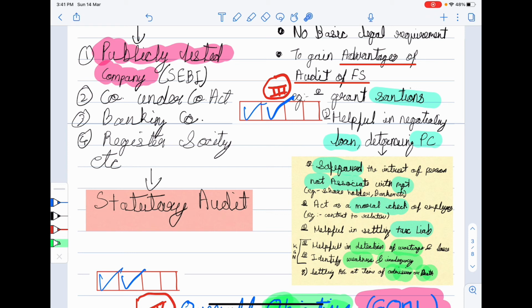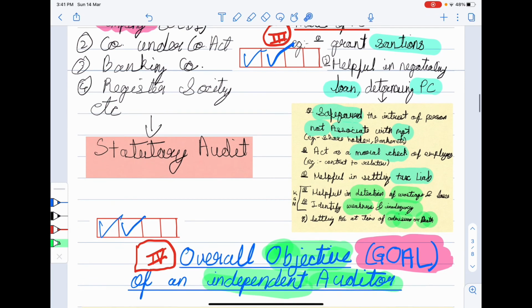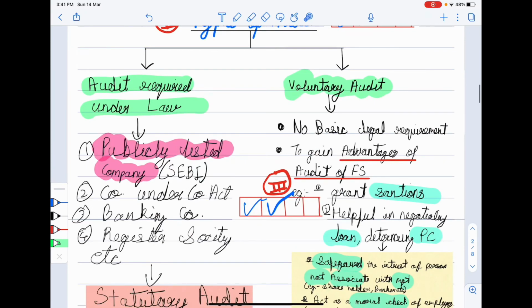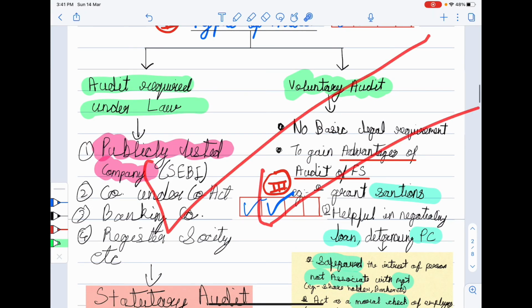It helps in settling tax liabilities. It helps in detection of wastages and losses, identifying weaknesses and inadequacy, settling accounts at the time of death and admission. Easy. Three answers done.